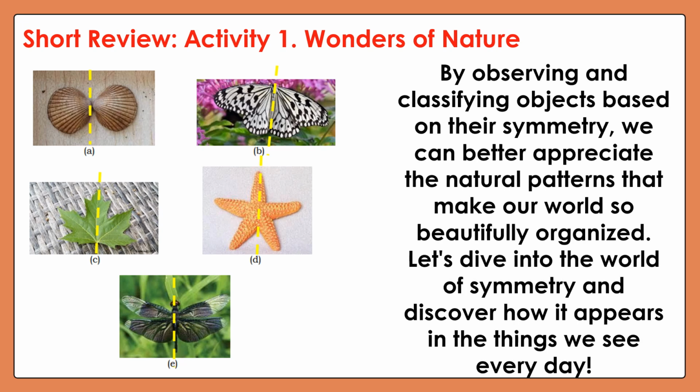By observing and classifying objects based on their symmetry, we can better appreciate the natural patterns that make our world so beautifully organized. Let's dive into the world of symmetry and discover how it appears in the things we see every day.